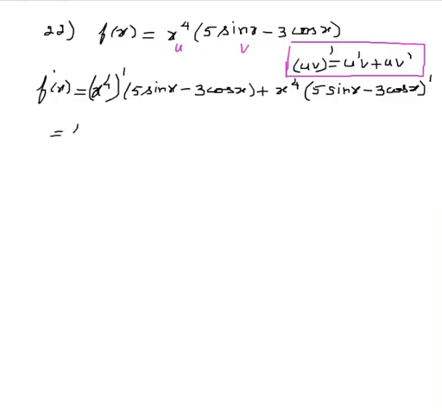The derivative of x power 4 is 4x power 3, by the n into x power n minus 1 formula, into the v term, plus x raised to 4 times 5 into the derivative of sin x, which is cos x, and the derivative of cos x is minus sin x. Therefore, we will get plus 3 sin x.